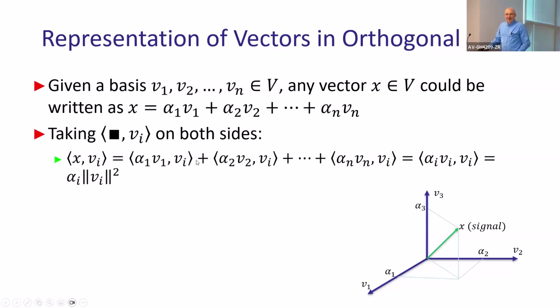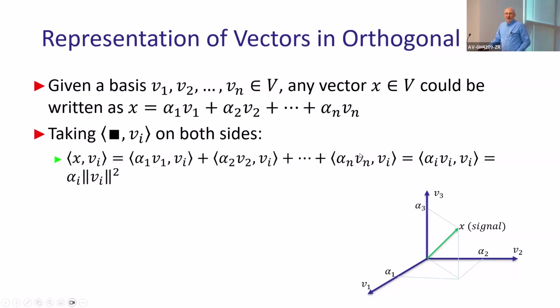Remember that? So this will give you A1 V1 with Vi, A2 V2 with Vi, and so on until you get to the last one. Homogeneity property, practically this is coming from linearity of the inner product.